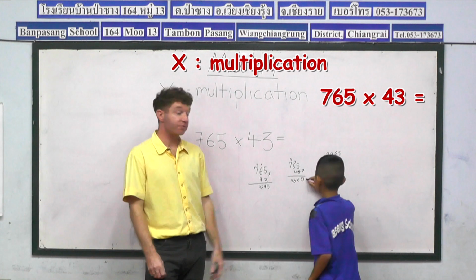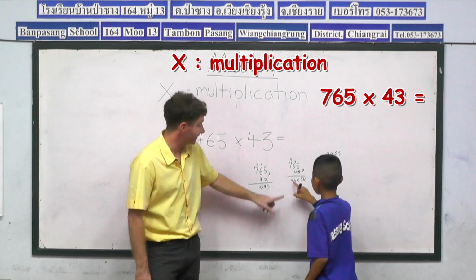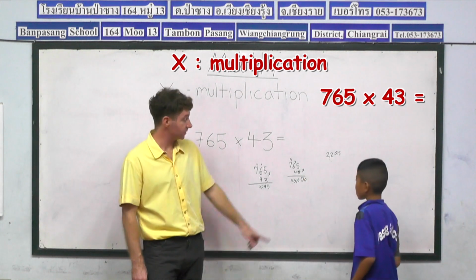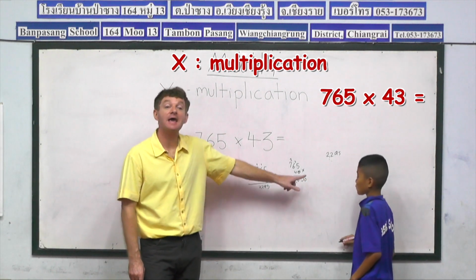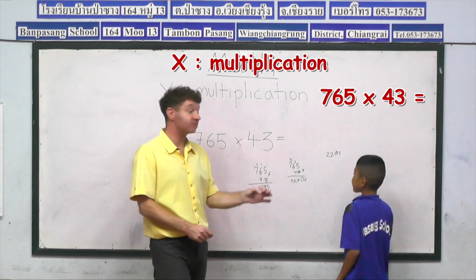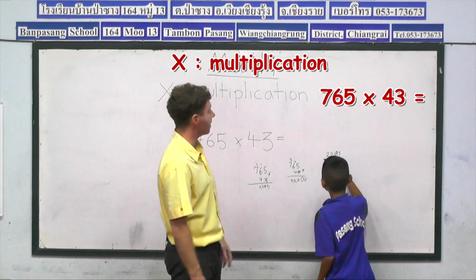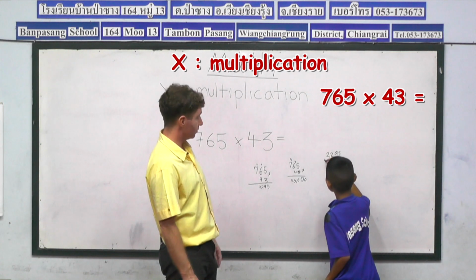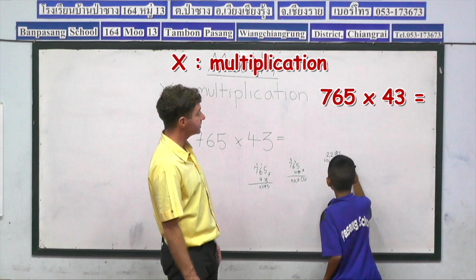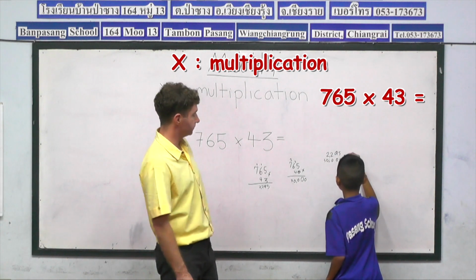So now we have 30, but yes, now the 0 comes back and we have our answer, 30,000. So now we need to write answer number 2 in here, remembering place value. 3, 0, comma, 0, 0, 0.